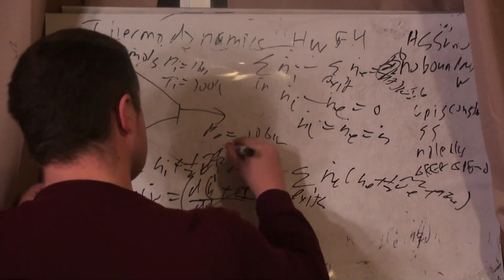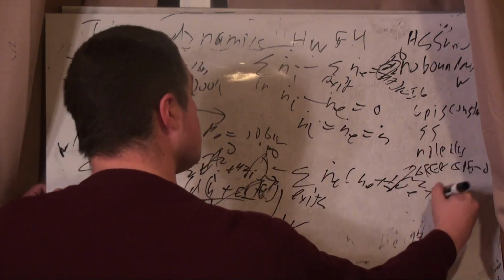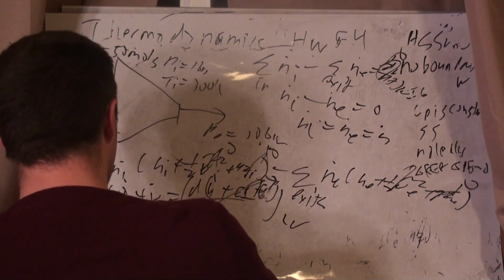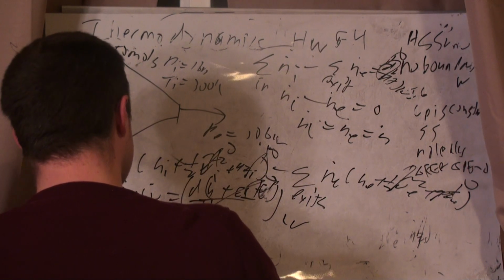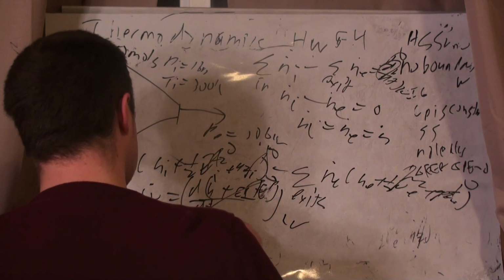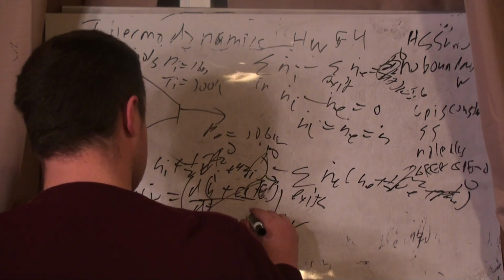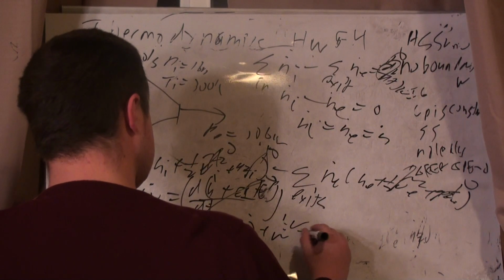Those go to 0 because the kinetic energy and the potential energy are pretty much 0. So I have N dot I H I minus N dot E H E plus Q dot plus W dot equals 0.